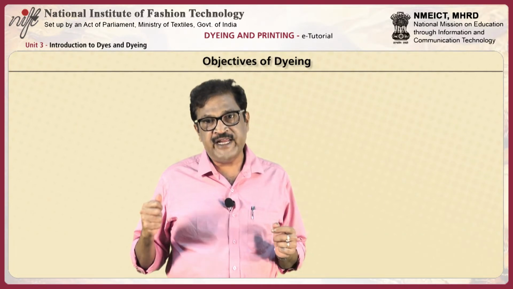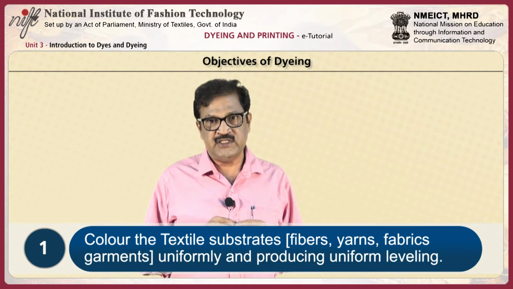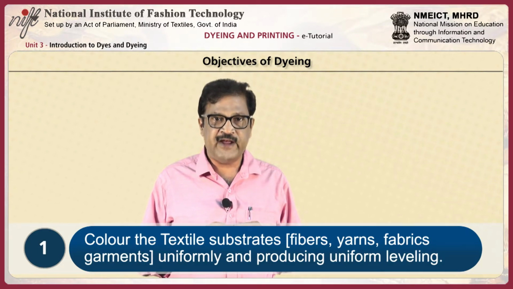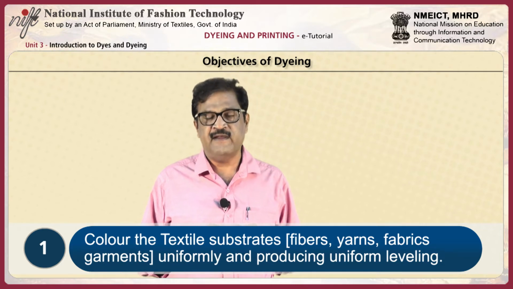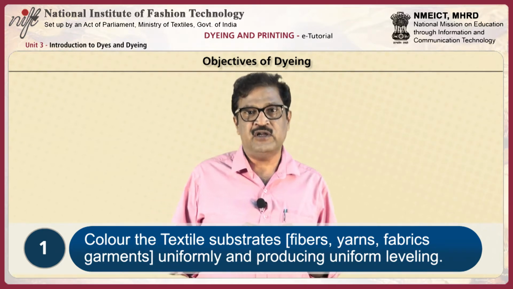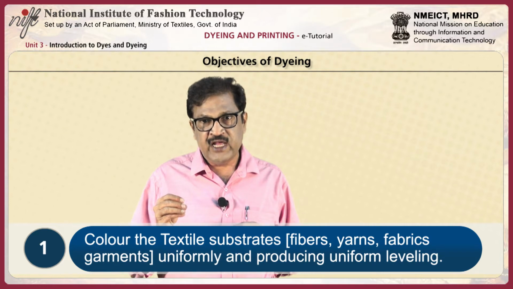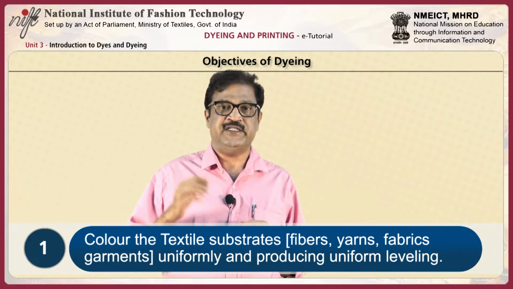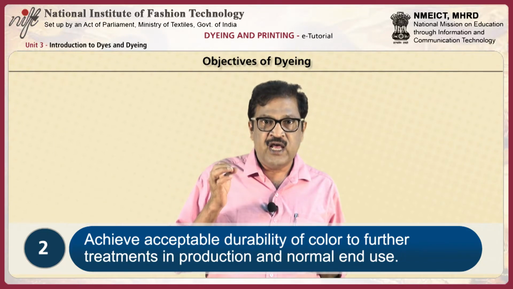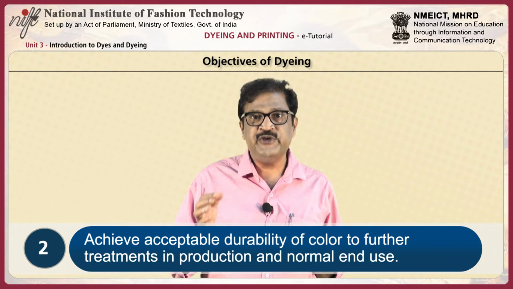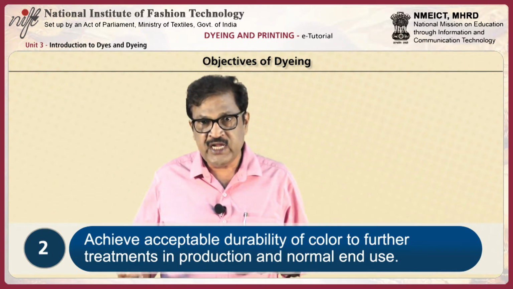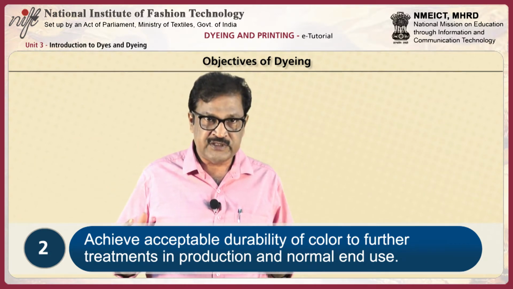Objectives of textile dyeing process. First, color the textile substrates like fibers, yarns, fabrics and garments uniformly and to produce the required depth of shade. Second, achieve acceptable durability of color to further treatments in production and normal end use.